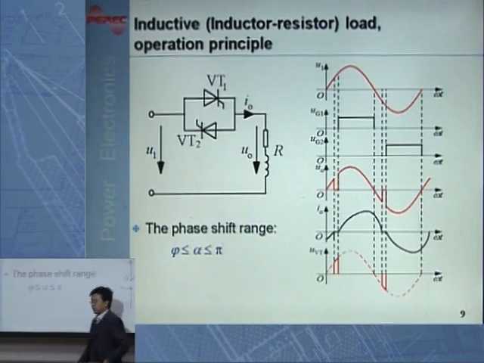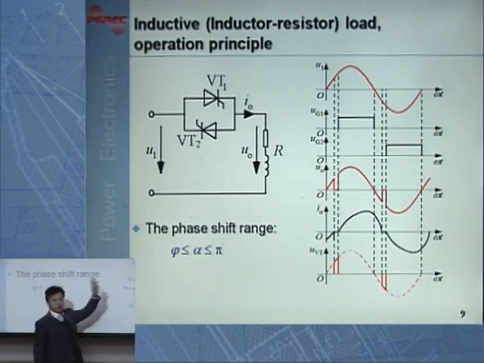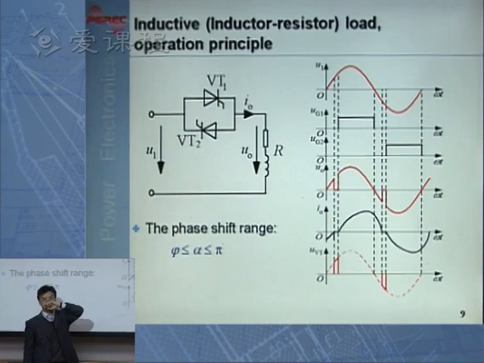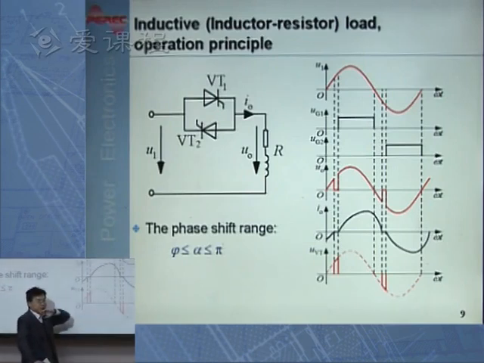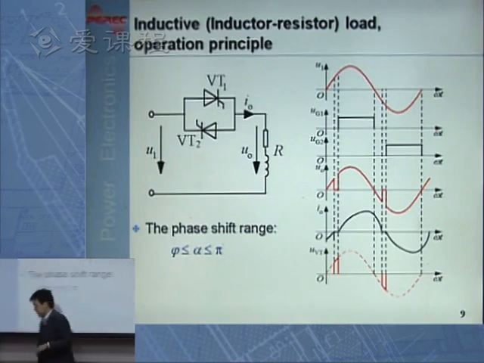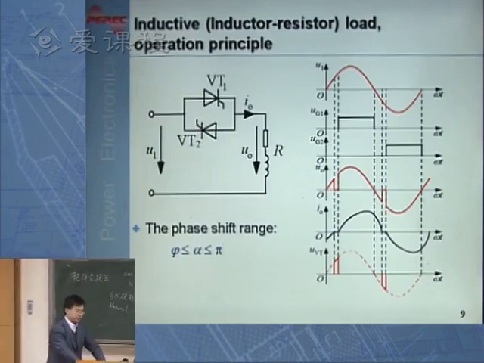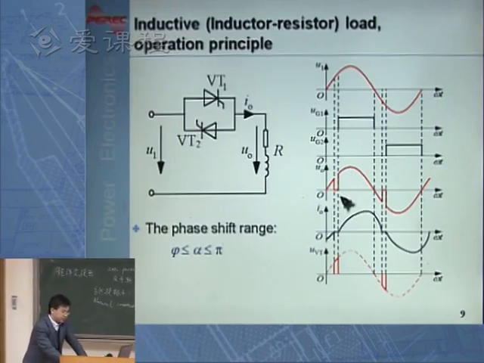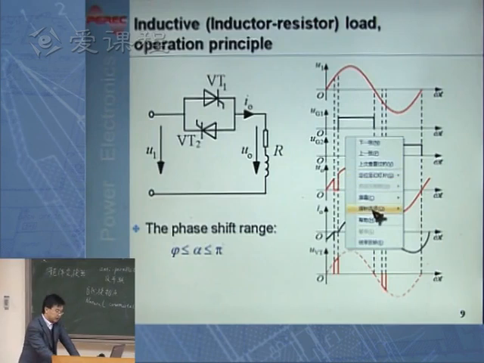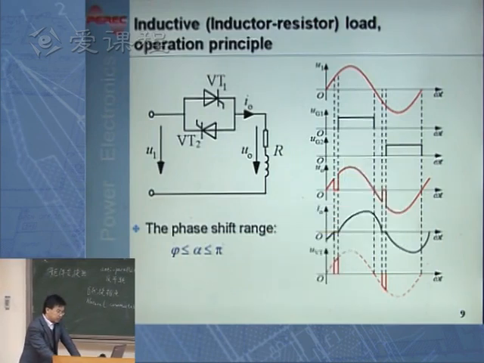Very naturally, you would be thinking there probably will be 2 points where this circuit operation is different from the previous one. One point is when you turn on a thyristor. This is alpha, the instant when you turn on the thyristors.